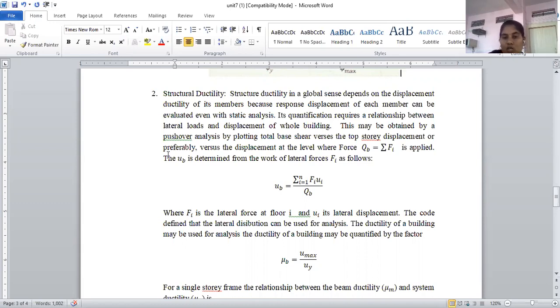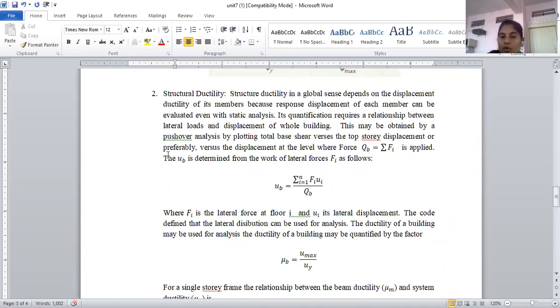And this may be obtained by the push-over analysis, by plotting the total base shear versus the top story displacement, where the force QB is equal to sum of Fi, which is applied, and UB is the displacement.